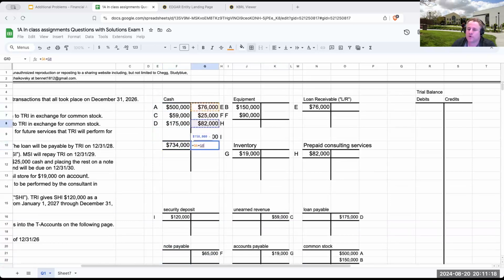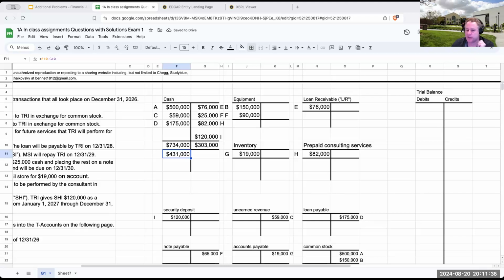I have total credits over here of 303. So I received 734 and paid 303. To figure out my final balance, I subtract the smaller balance from the larger, and I leave the remainder on the larger side. So 734 minus 303 is equal to 431.